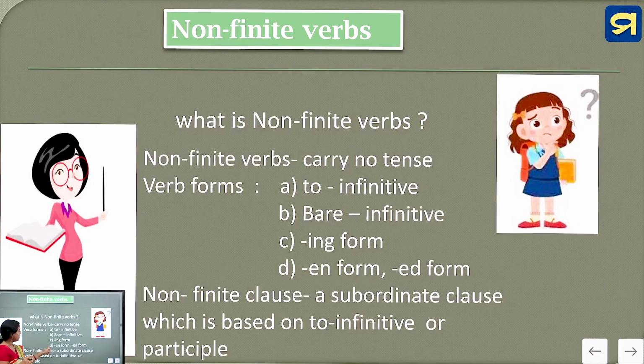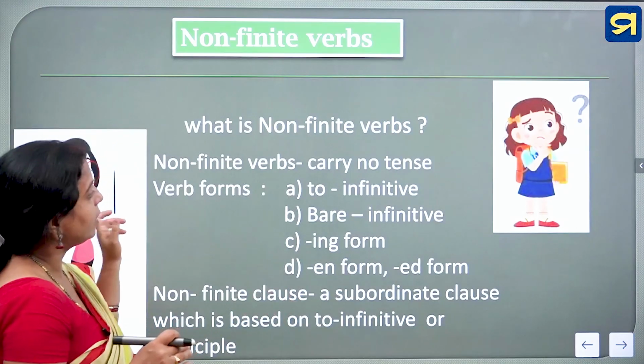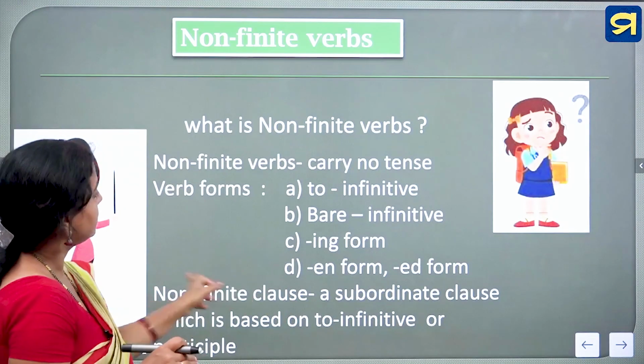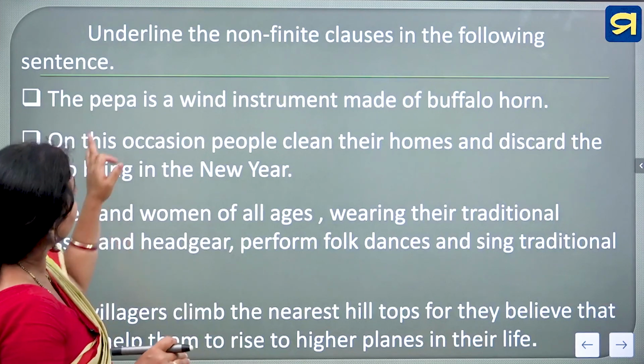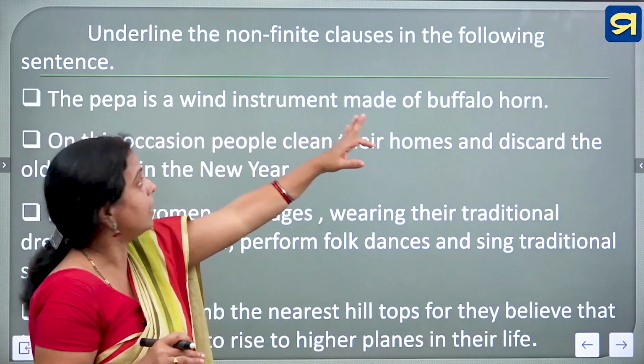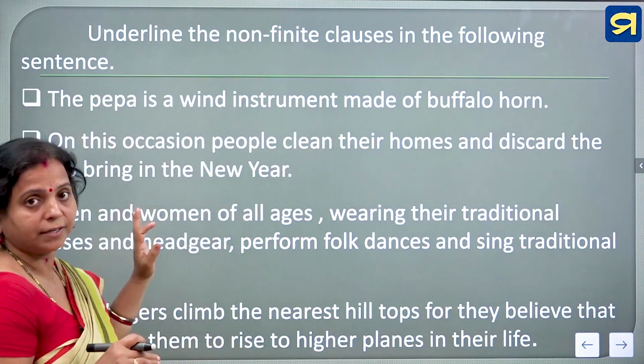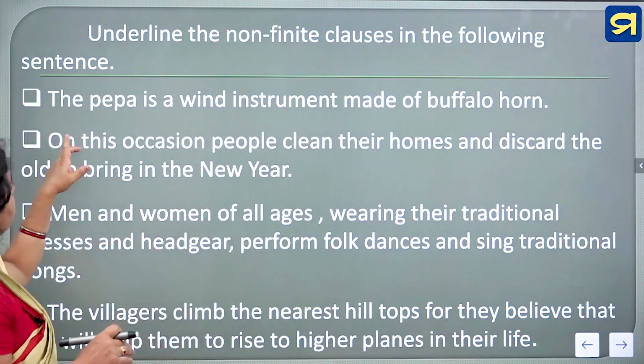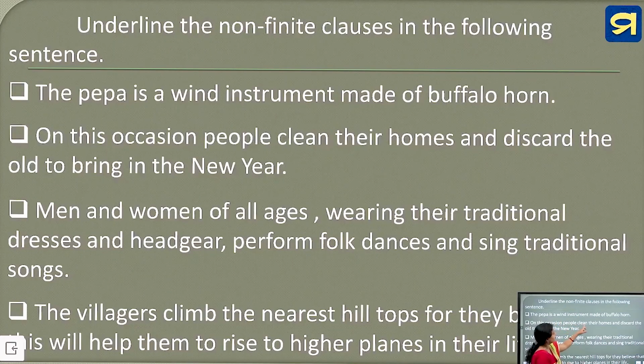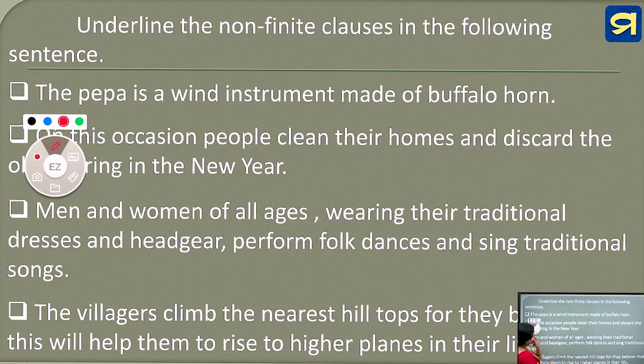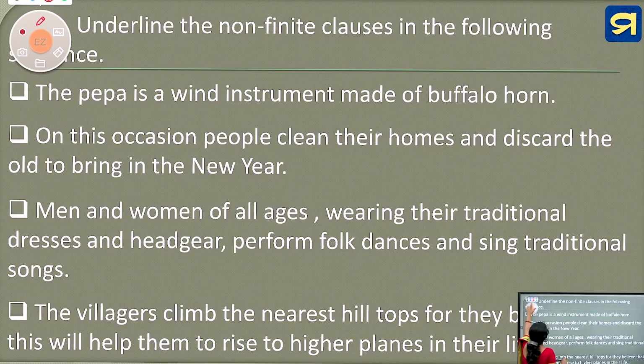Okay. Children, see how to find out the non-finite verbs in the next exercise. Underline the non-finite clause in the following sentences. First one. The paper is a wind instrument made of buffalo horn. Children, find out the non-finite clause. Very good.